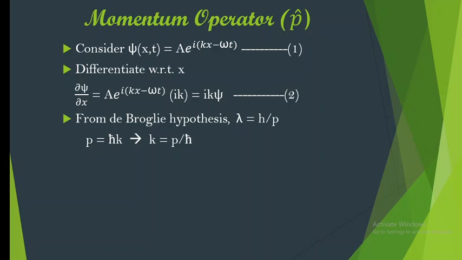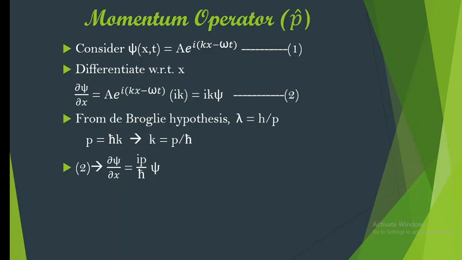We know that linear momentum in k space can be given as h cross into k. So when I rearrange, k becomes equal to p by h cross, and I have k in our equation number 2. Substituting back the value of k in equation 2, we get dou xi by dou x is equal to i p by h cross into xi.